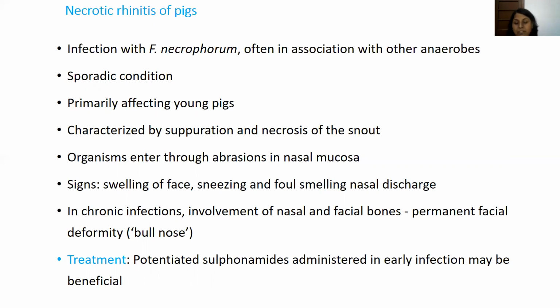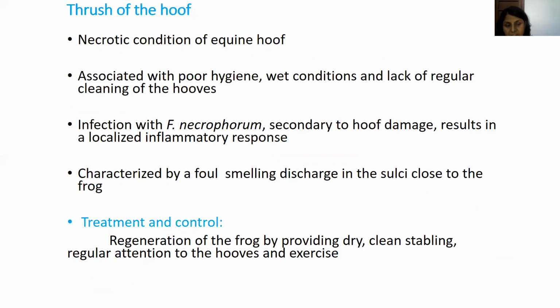In chronic cases, the nasal and facial bones become involved, which causes permanent facial deformity, so the term bull nose is given. Treatment includes potentiated sulfonamides administered in early infections.